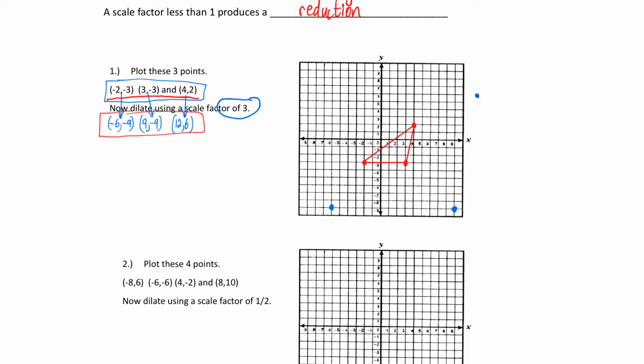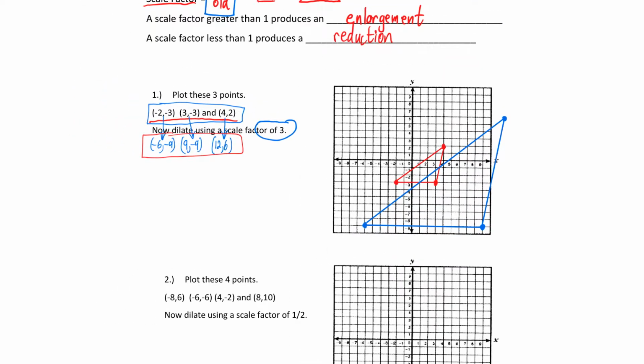Go 2 more, about right here. Okay, so there's our new one.